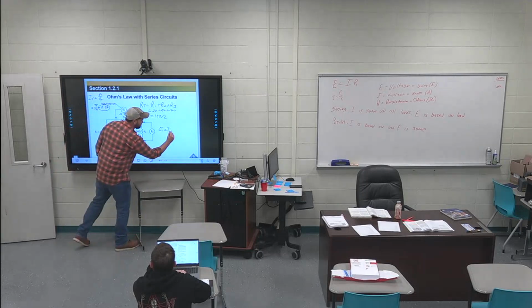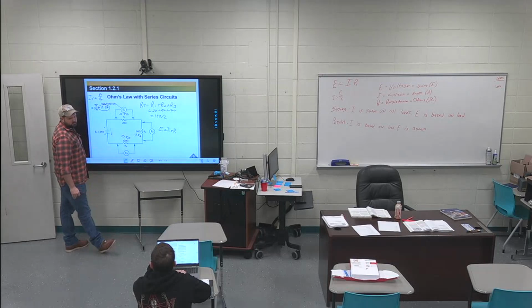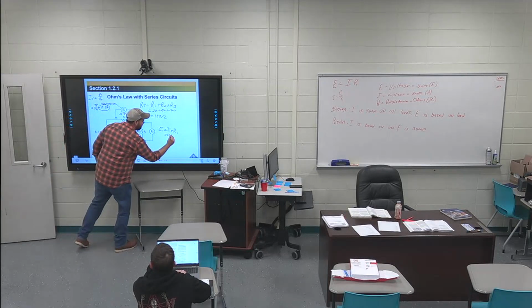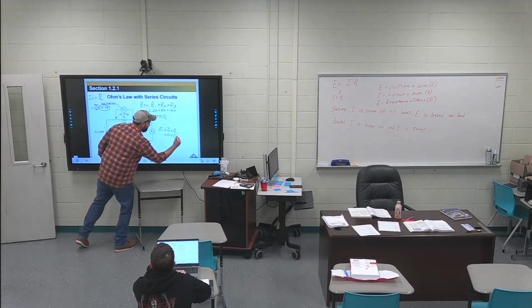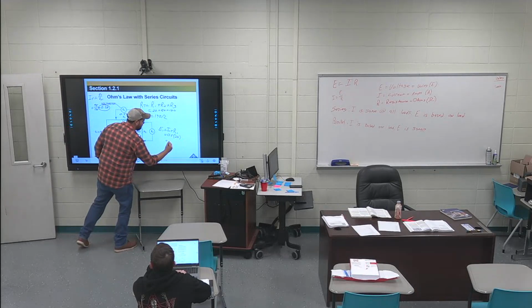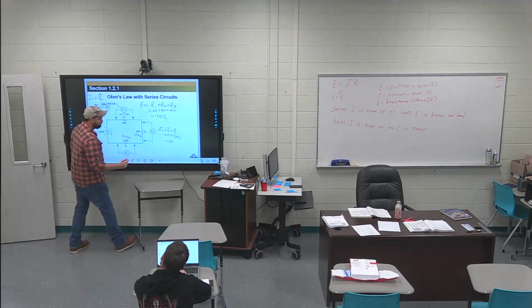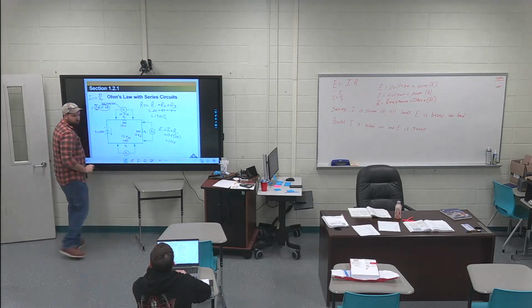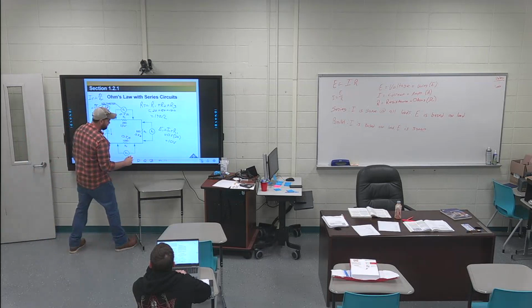So it'll be E1 equals I total times, what resistance do you think I'm using? 20, R1. So 0.5 times 20 is what? 10. What is that represented with? Volts. So I have 10 volts right here. Everybody go with that?